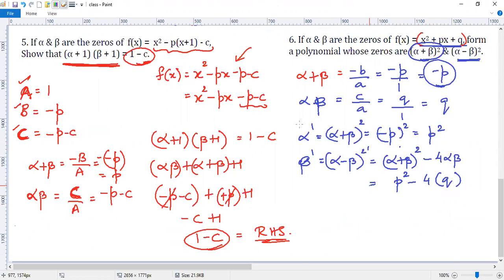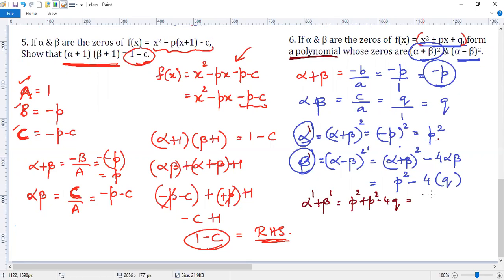Now we know what alpha dash is and what beta dash is. Now what is it that we are expected to find? We have to find the new polynomial. We know the formula for the new polynomial. But what do we need in that formula? We need alpha dash plus beta dash. Right? So what is alpha dash plus beta dash? This p squared plus p squared minus 4q.